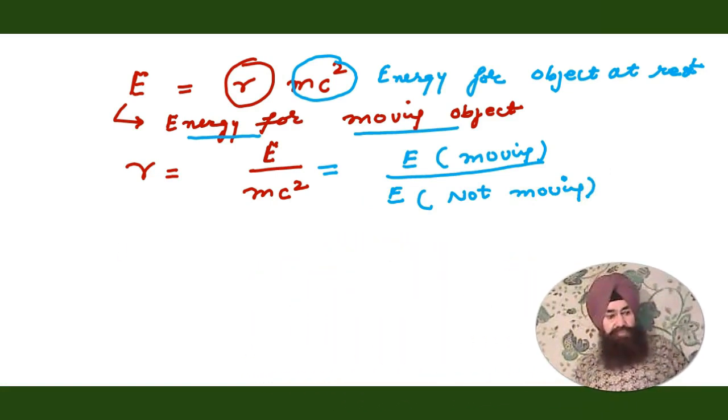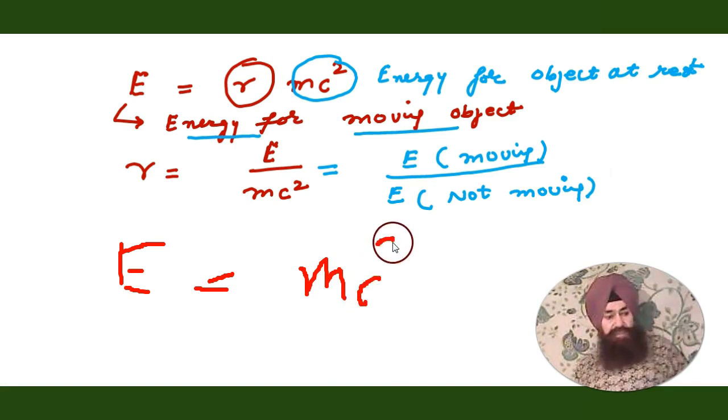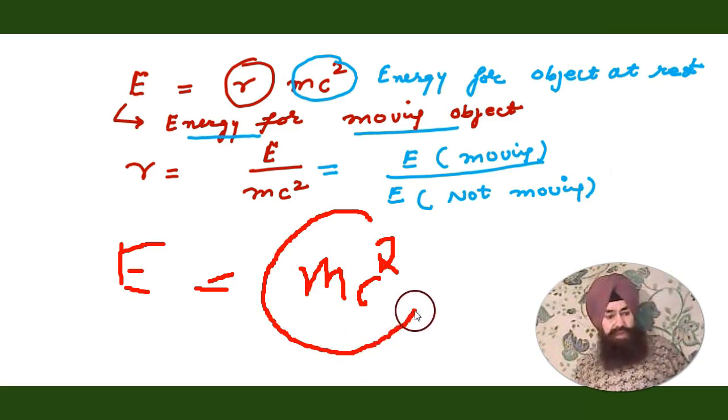And lastly, E equals mc². You can apply it for a particle which is at rest, when you are interested in finding how much energy a rest object has.